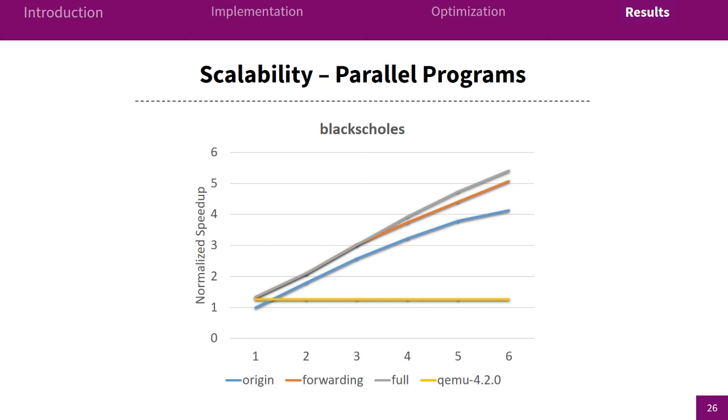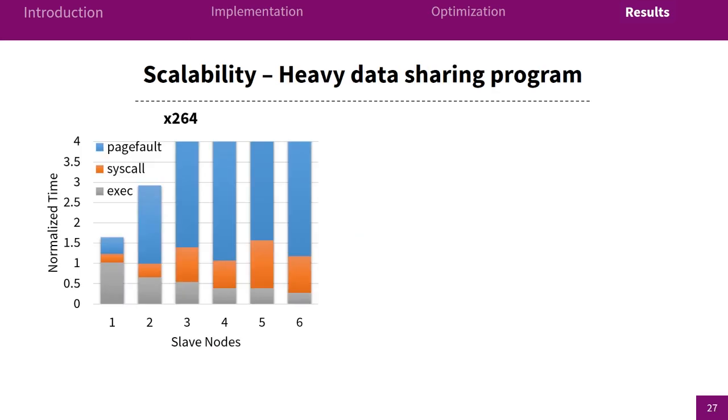And for the full optimization, with page splitting and page forwarding, when there are more than 4 nodes, page splitting improves DQEMU's performance.